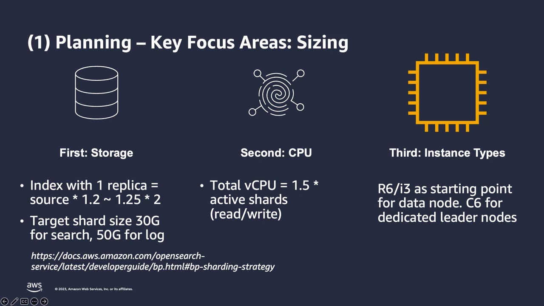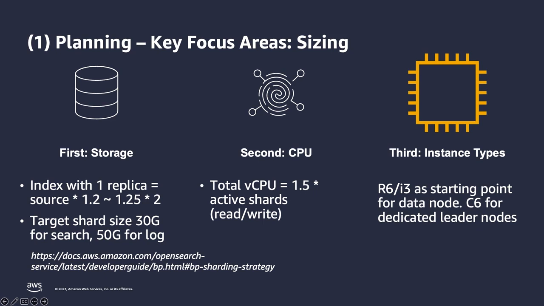In the beginning, we discussed how the search use case is mostly read intensive and the log analytics use case is mostly write intensive. This will help us decide how many vCPUs we require to support those different operations of read and write.